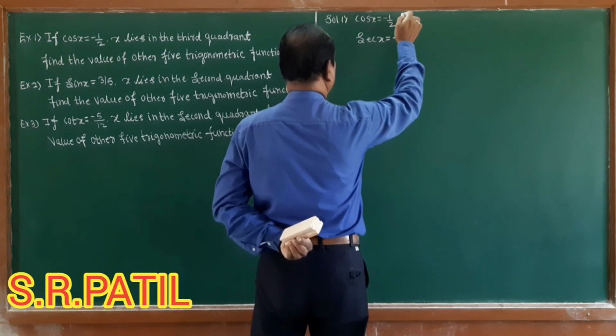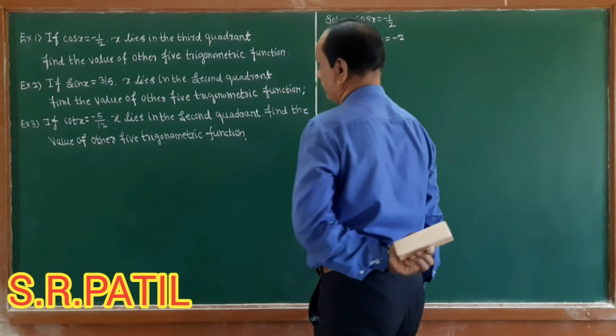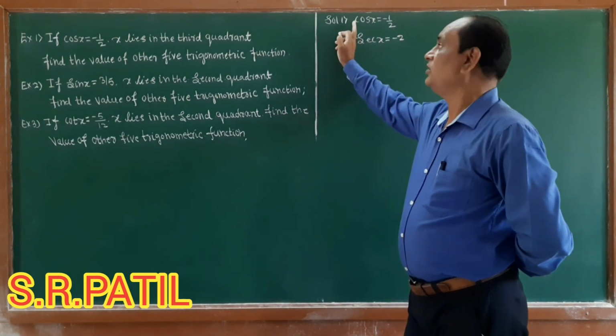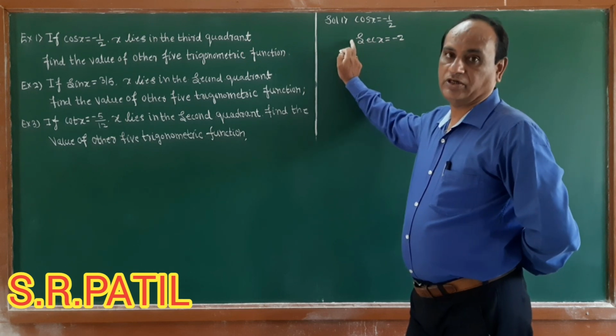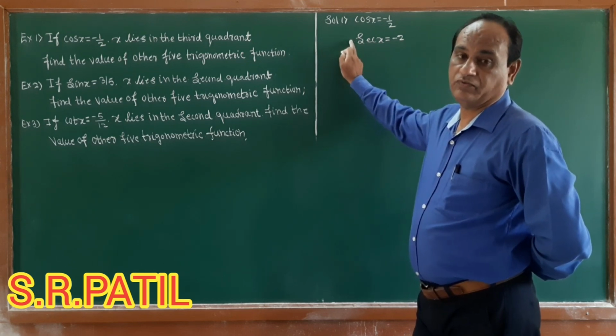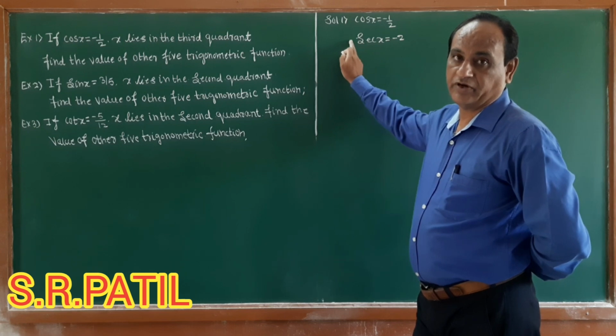Out of these 6 trigonometric functions, one is already given, and its reciprocal is also found. Now find the remaining 4 trigonometric functions.